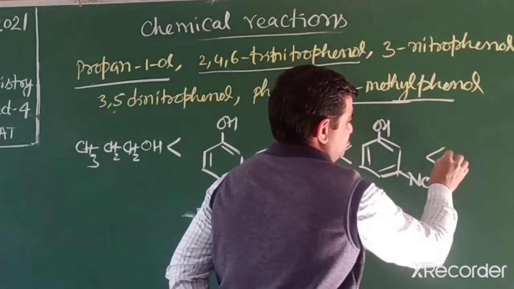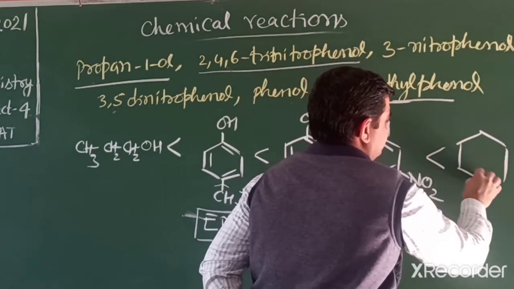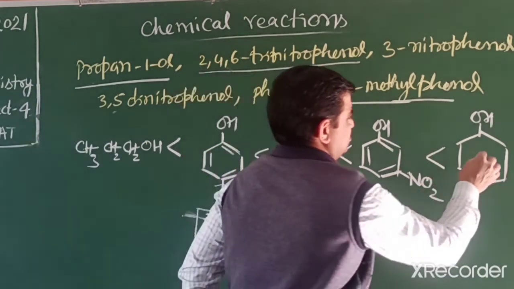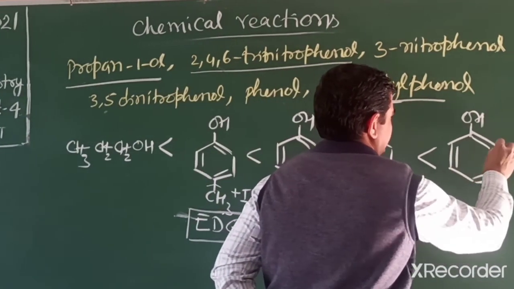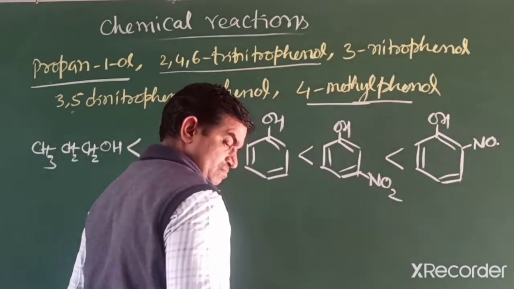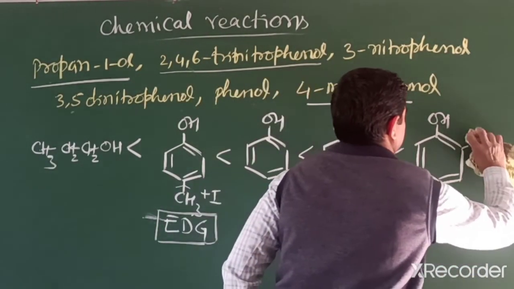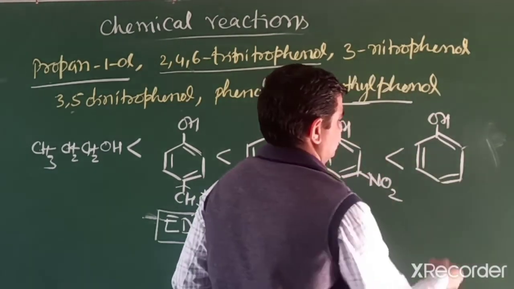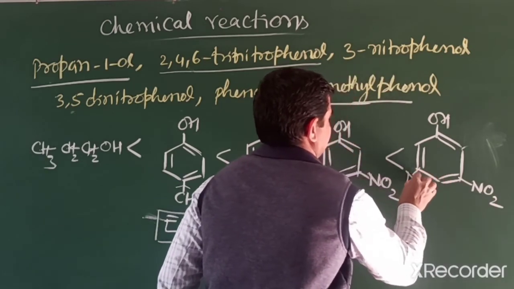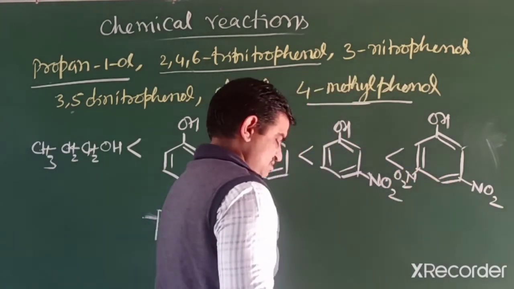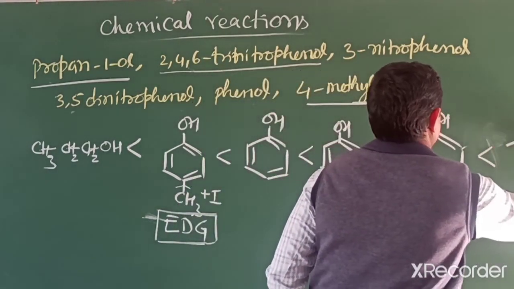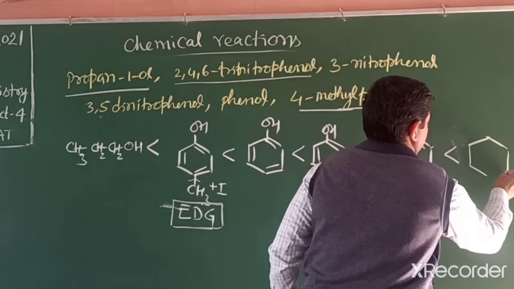Then we write 3,5-dinitrophenol. Although the meta position has less effect, in comparison with 3-nitrophenol, 3,5-dinitrophenol is more acidic. And last, most acidic, that is 2,4,6-trinitrophenol, with a para position as well.